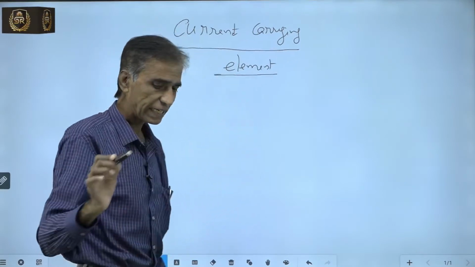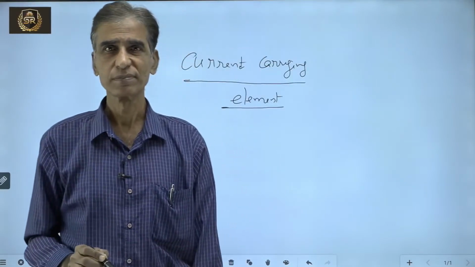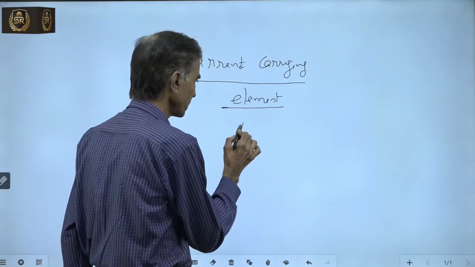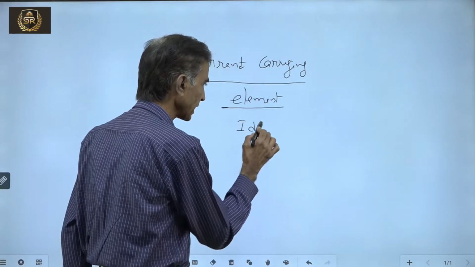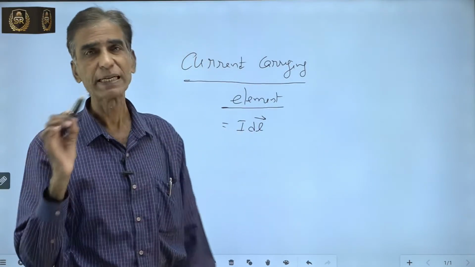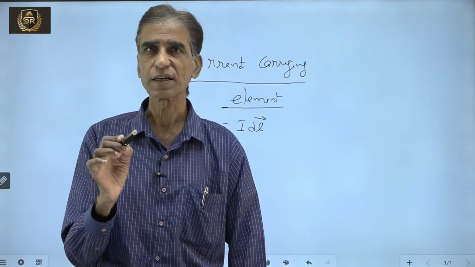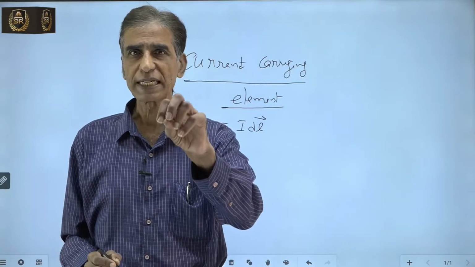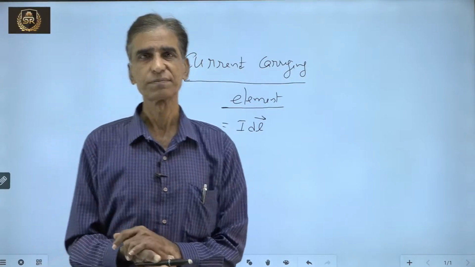This current carrying element is a vector quantity which we write as IDL vector. IDL is called the current element. It is similar to a point charge in electrostatics.